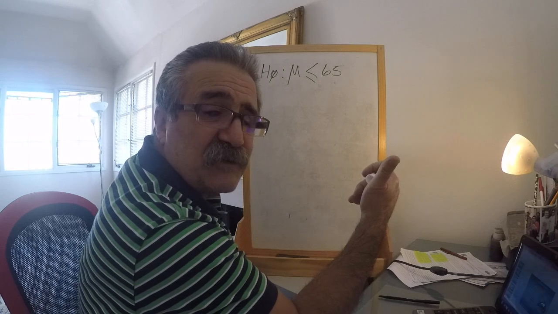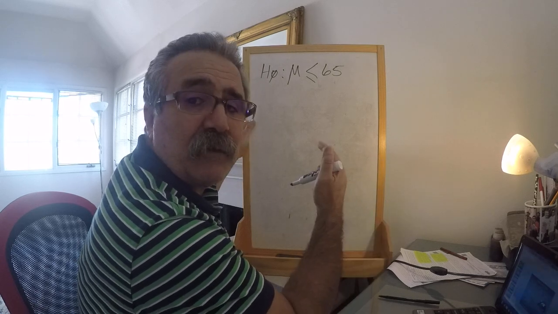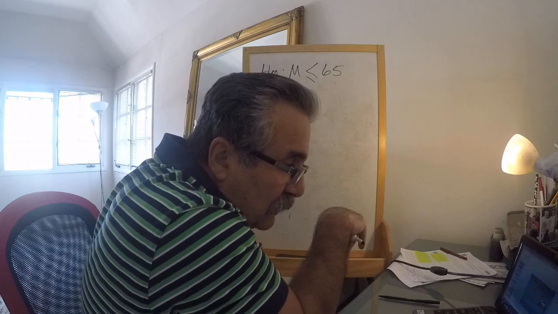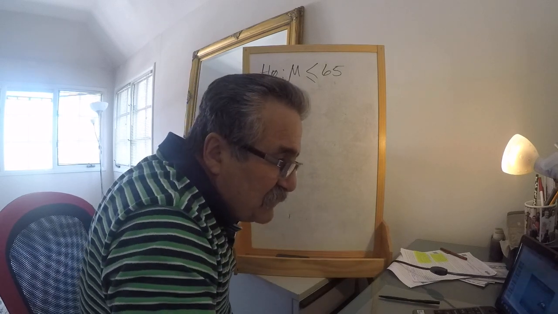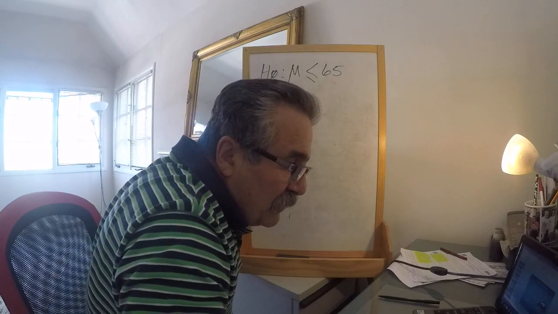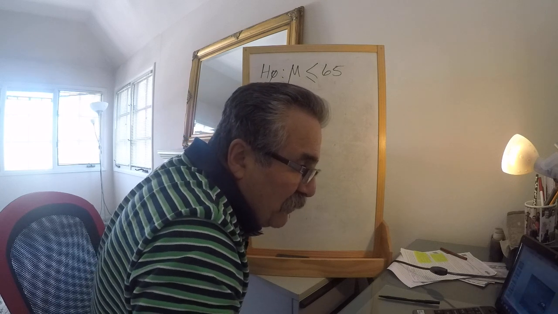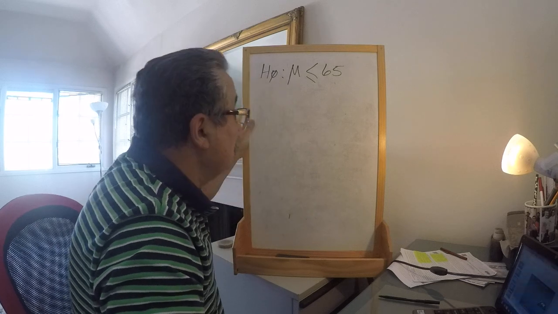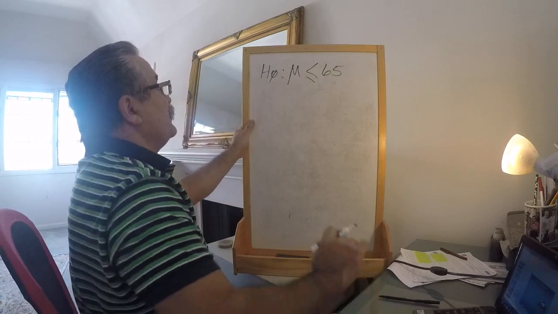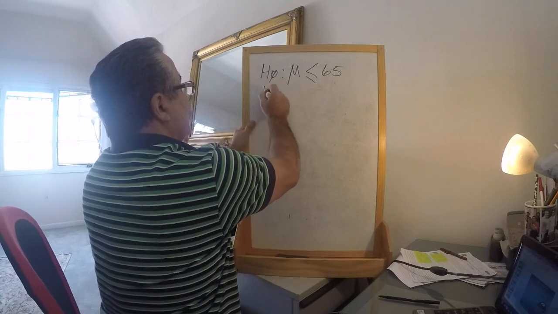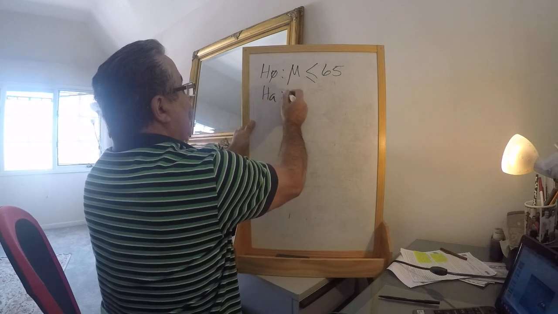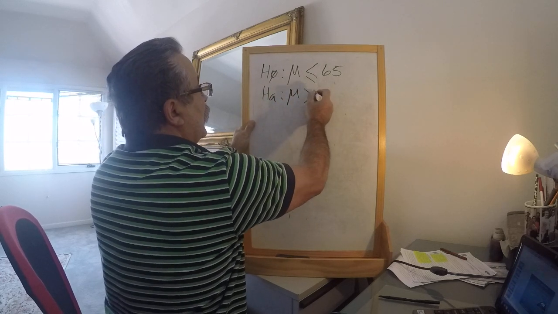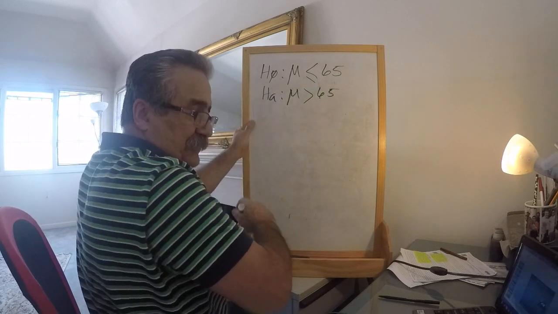By experience, you can tell right now that you can go and reject this H0. But anyway, let's move on. The locations where H0 is rejected are deemed the best location for a radar trap. Now, if this is the null hypothesis, the alternative hypothesis states that the mu is greater than 65.